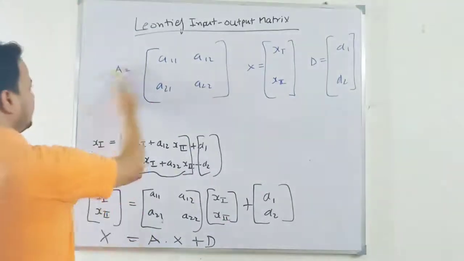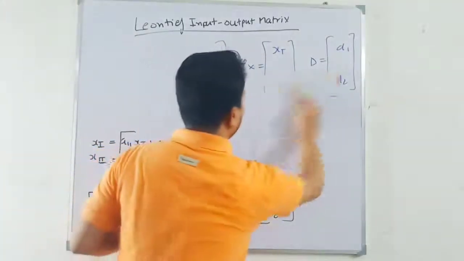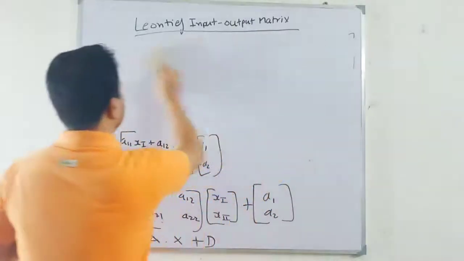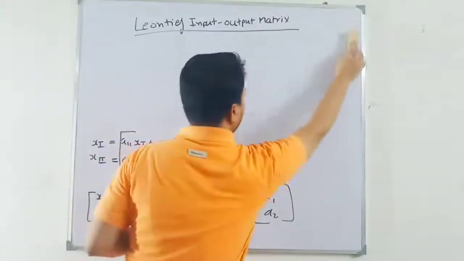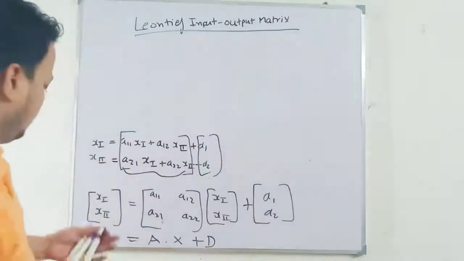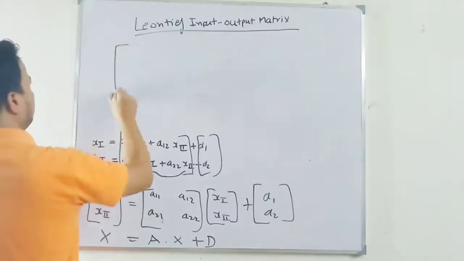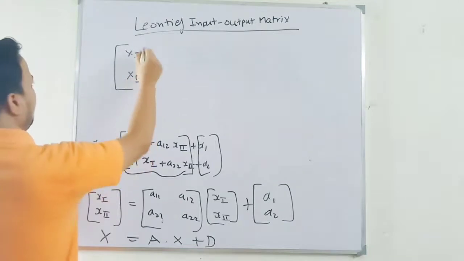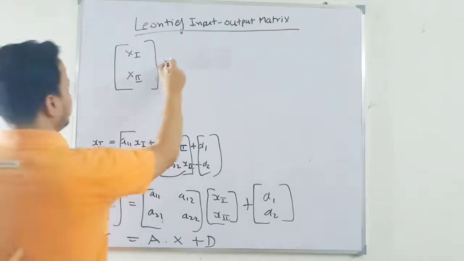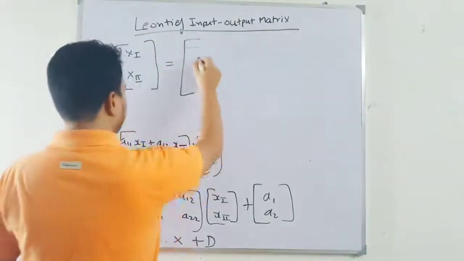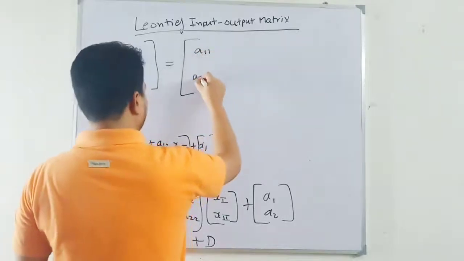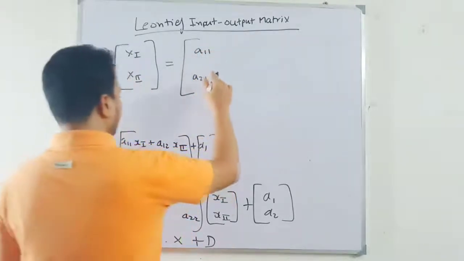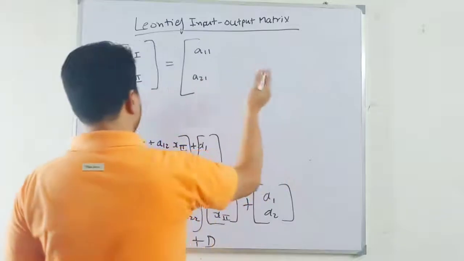So let me write this here in more elaborate form. So I get output of industry 1, output of industry 2. This is my total production, and this is the coefficient matrix. It represents how much input I require from each industry to produce 1 unit of output.